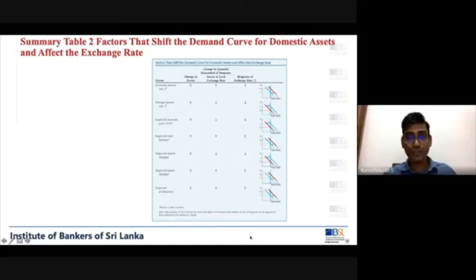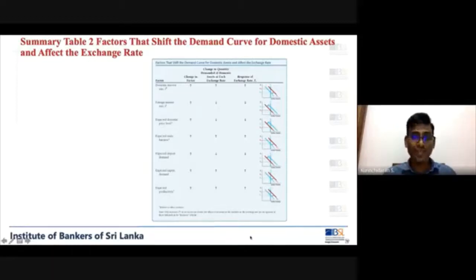So the domestic assets demand will decrease. If the expected import demand is increased, then we need more foreign assets than local assets. So local assets demand will decrease.